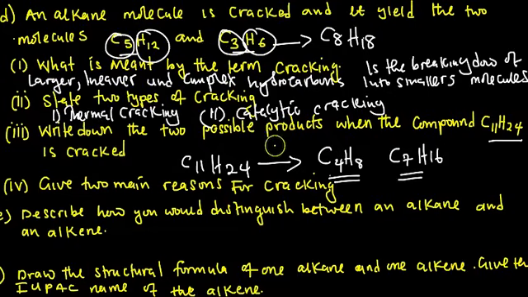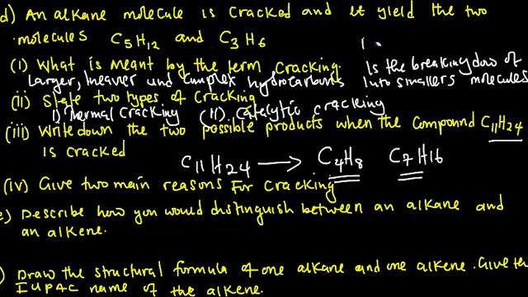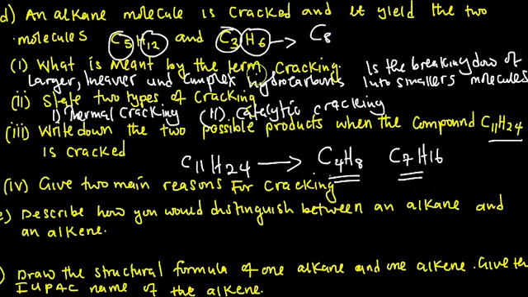So if we say these 2 are the products of cracking, and we are asked to write the original compound from which these 2 were cracked, you just add the number of carbons, C8, then the number of hydrogens, 18. So these 2 products came from this compound when it was cracked.